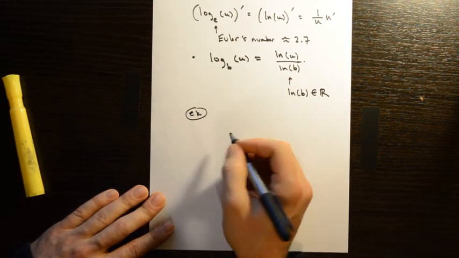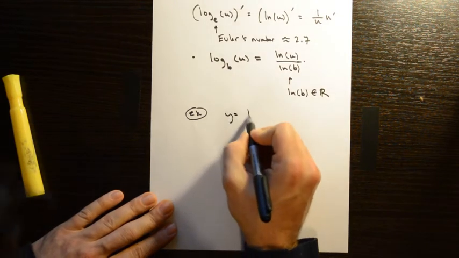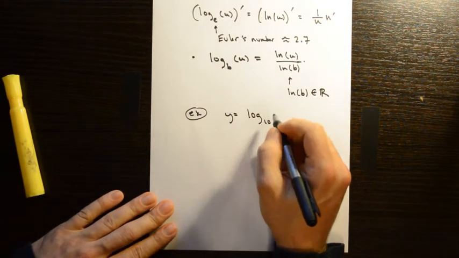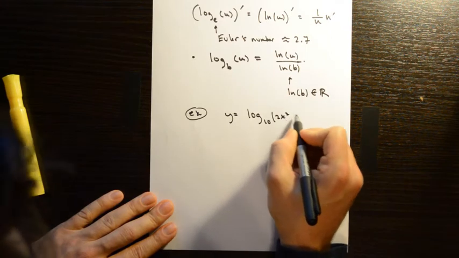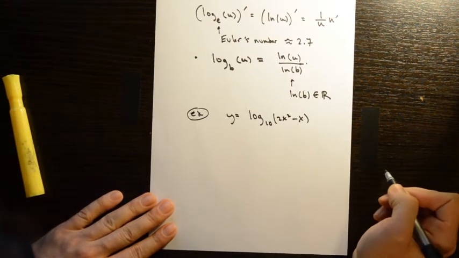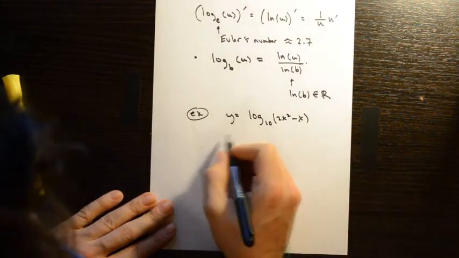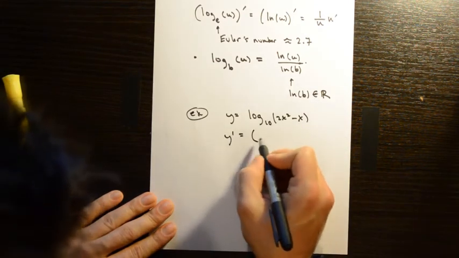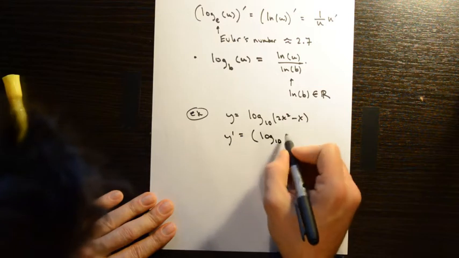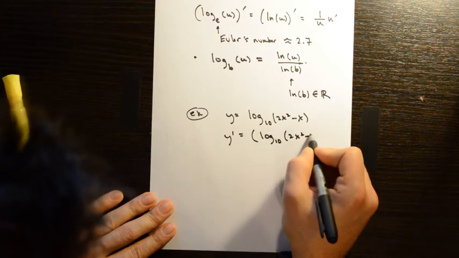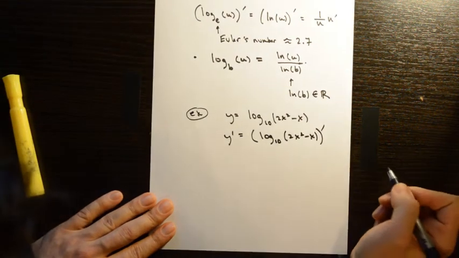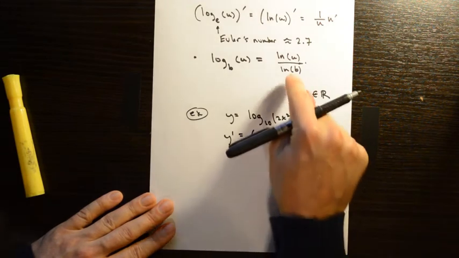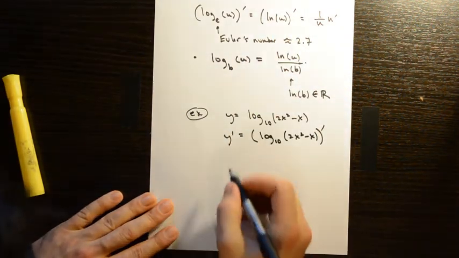Here's an example. Suppose that y is equal to log base 10 of 2x squared minus x. Then we want y prime. So y prime will be the derivative of log base 10 of 2x squared minus x. But we can't differentiate this until we change the base, and then we can use this formula here.